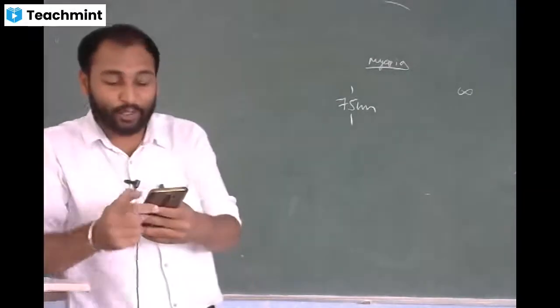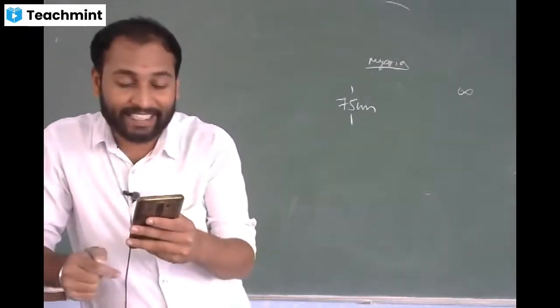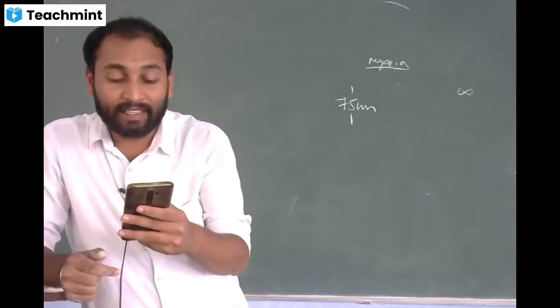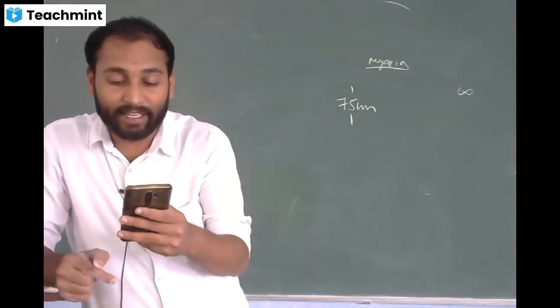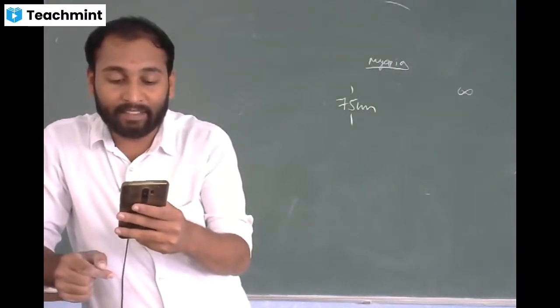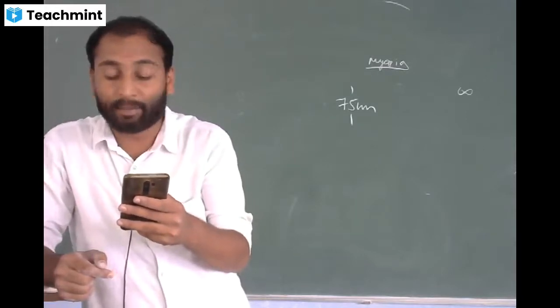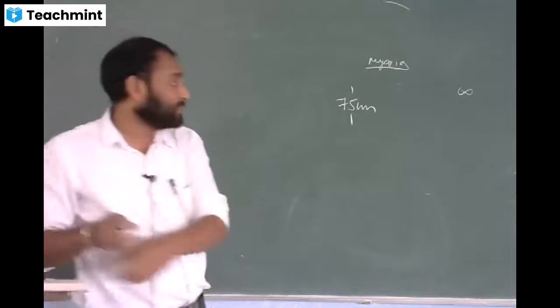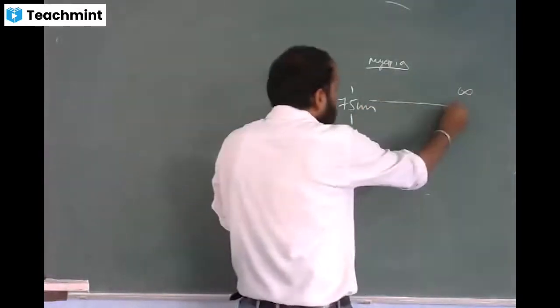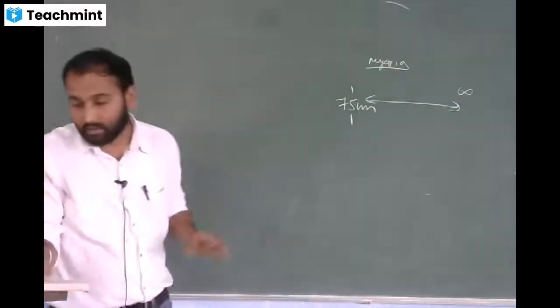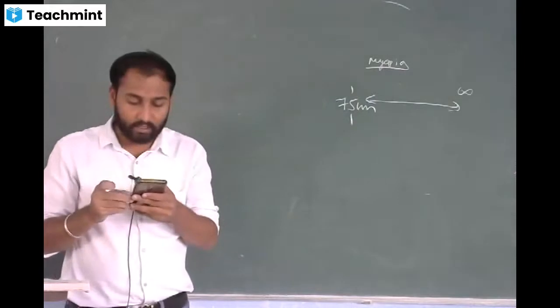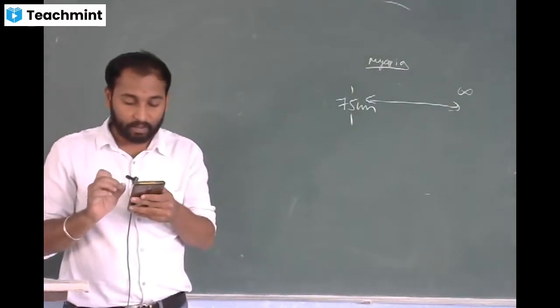Okay, let me read the question once again. A person cannot see objects nearer than 75 centimeter from his eyes, while a person with normal vision can see objects up to 25 centimeter from his eyes. That means, let me read. A person cannot see objects nearer than 75 centimeter.